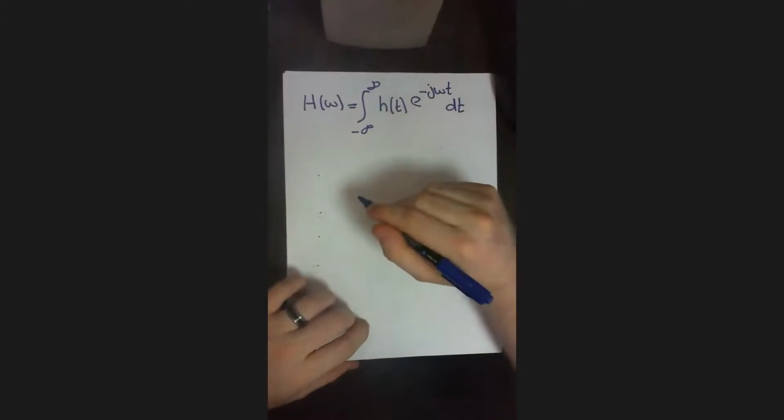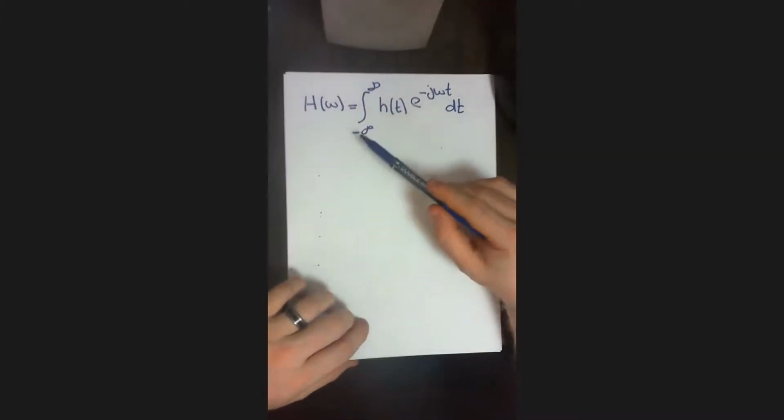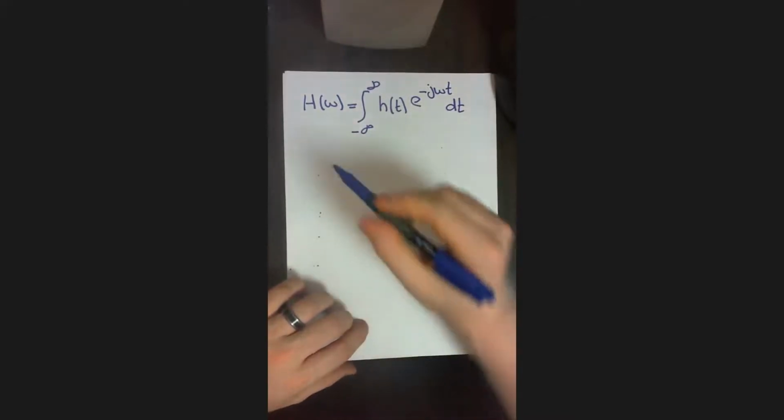So very simple. As we have a unit step function, this integration will be limited only from 0 to infinity, not from negative infinity to infinity. And then we have our function in this manner.